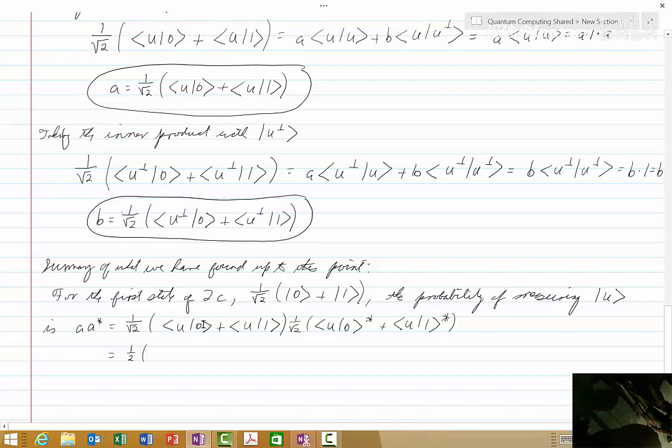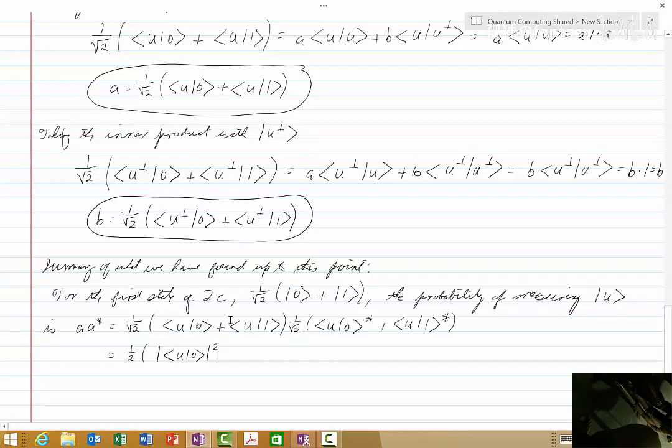And then when we take the inner product of u with 0 and multiply that by its complex conjugate, we will get the magnitude squared of the inner product of u with 0.